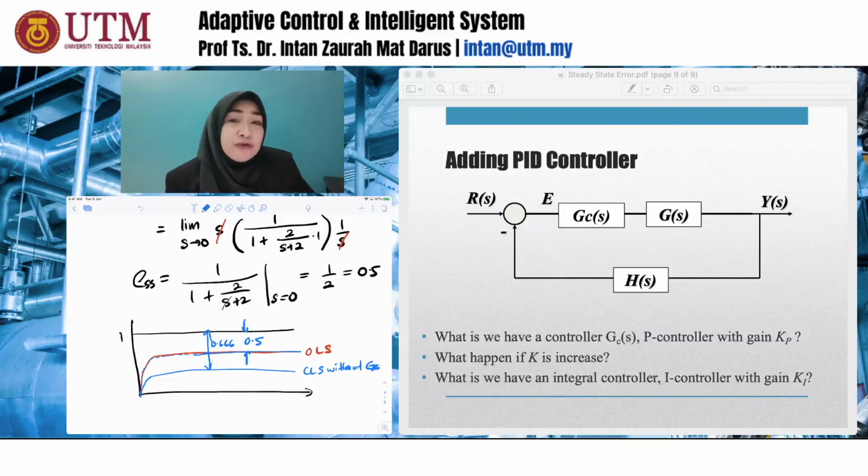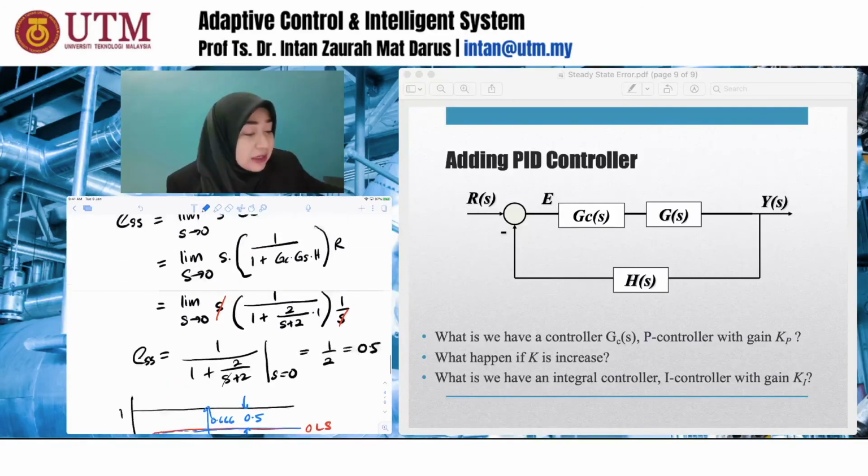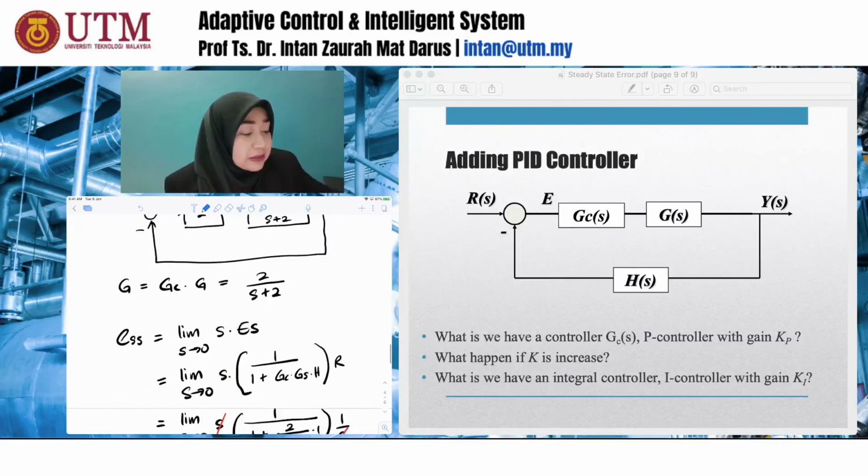So by adding a controller to the system, you are improving the steady state error. What if the controller is a gain with a higher value? What if the controller has a gain of Kp equals 20 maybe instead of 10? So when Kp is equal to 20, this value here becomes 20.